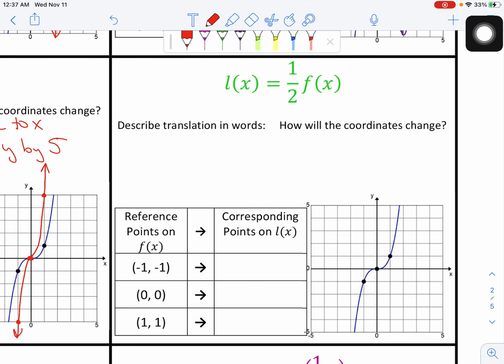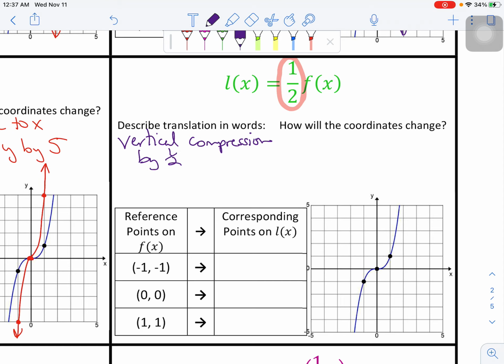Okay. But what happens when we multiply our function by a number between 0 and 1? So some kind of fraction or decimal value that's less than 1. Those are vertical compression by, in this case, 1/2.